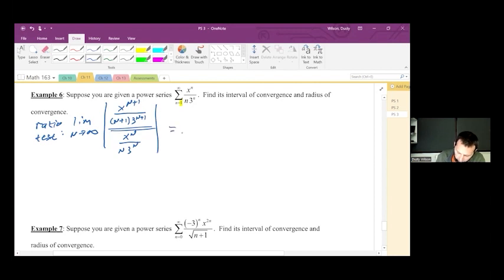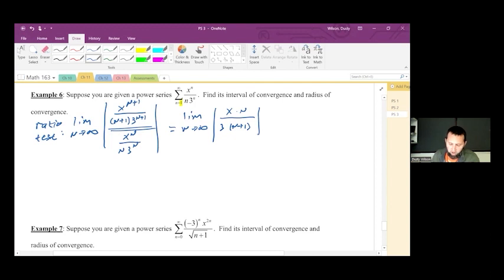So this will be equal to the limit as n goes to infinity of the absolute value of x times n over 3 times n plus 1.